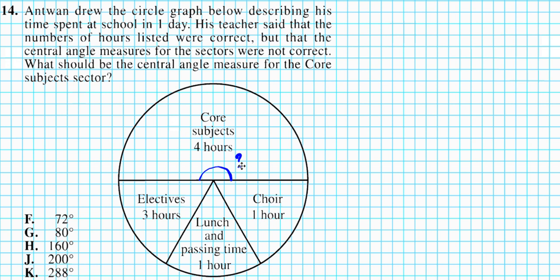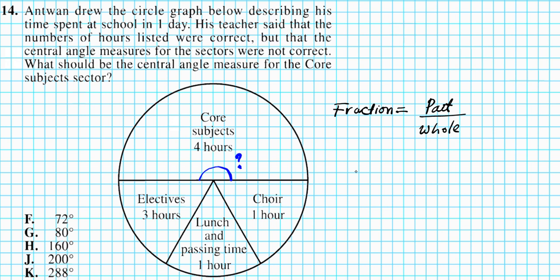Okay, now what is a fraction? A fraction is simply part of a whole. Okay, so a fraction is basically part divided by the whole thing. All right, so in this situation, the core subjects' time or hours is a fraction of the whole school day, which is 1.